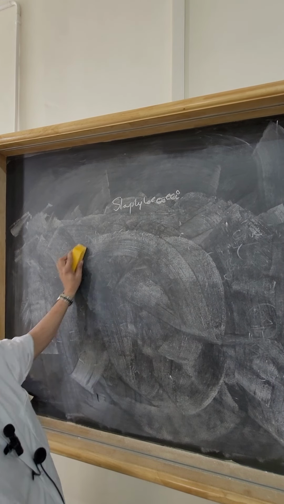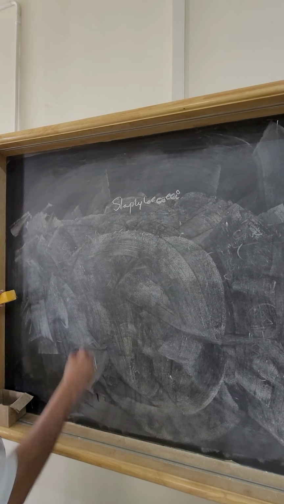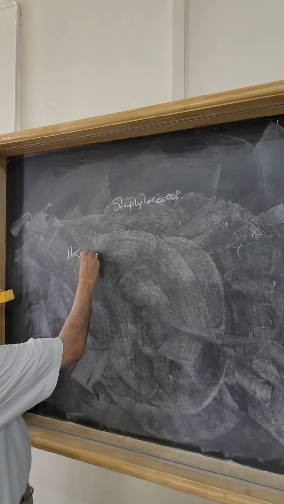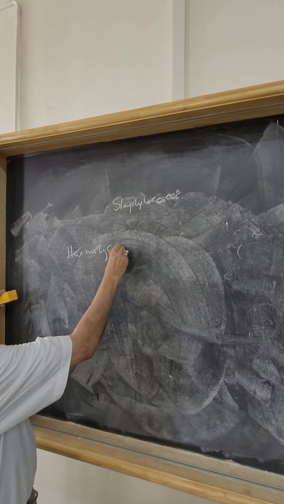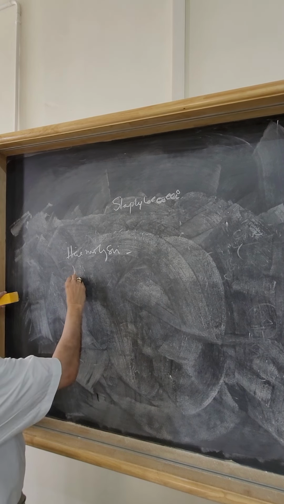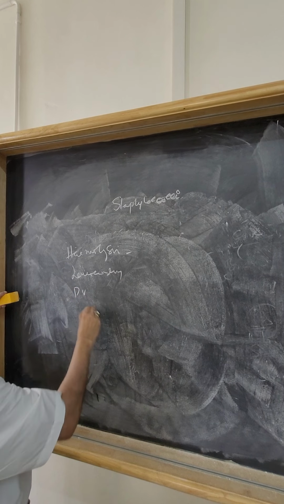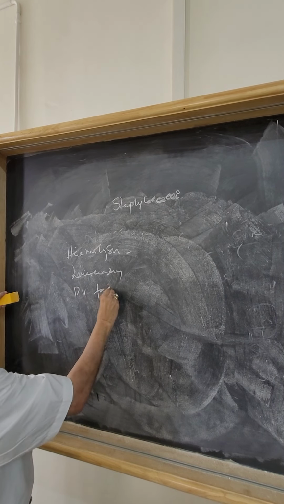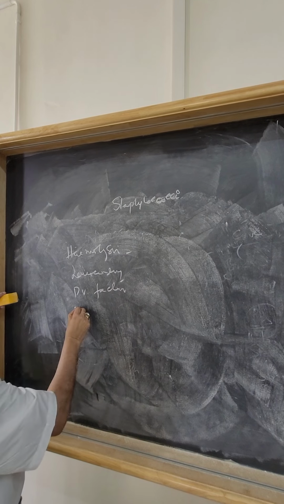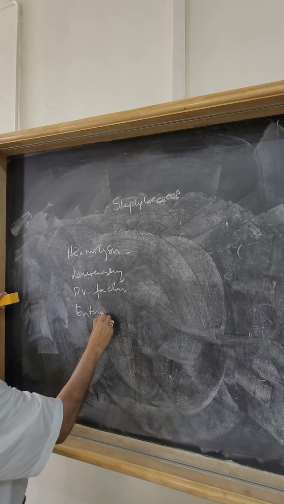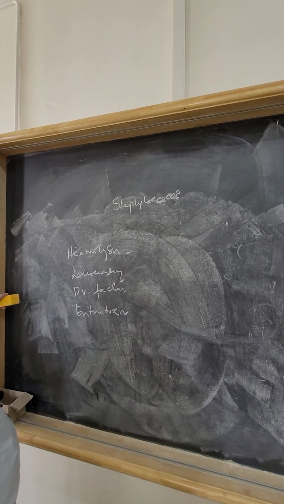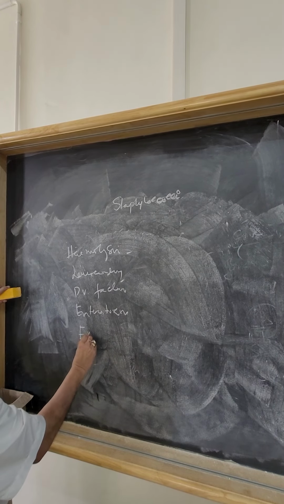So, what are the various virulence factors? It produces hemolysin, as you said beta hemolysis, leukocidins, Panton-Valentine factor. It produces enterotoxin and various other virulence factors. Importantly, there is also exfoliative toxin.